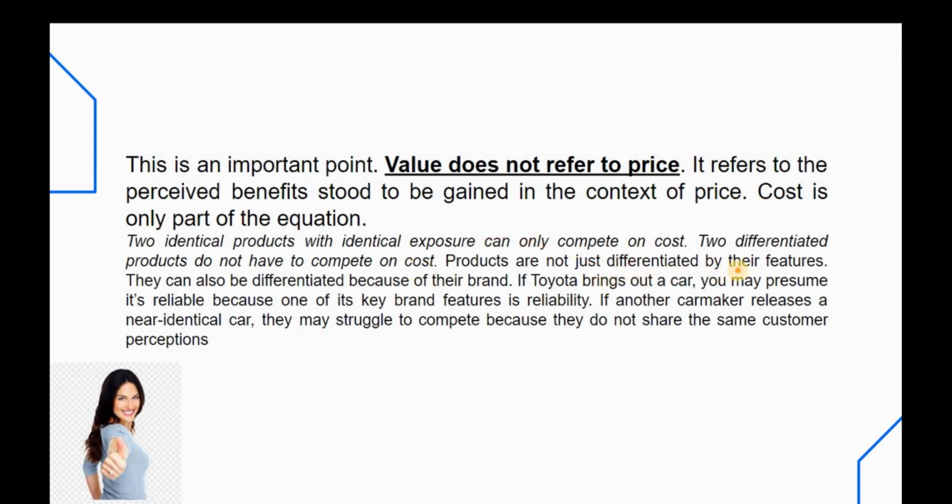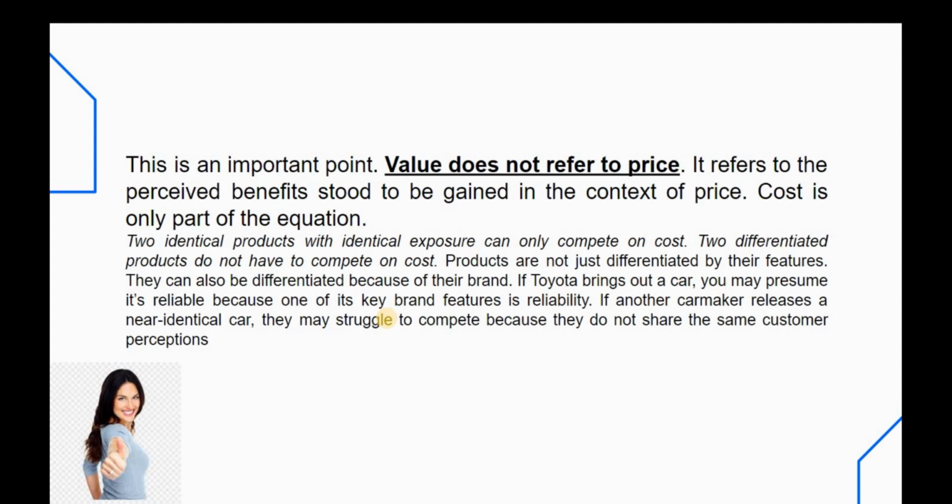Products are not just differentiated by their features. They can also be differentiated because of their brand. Let's say Toyota brings out a car and you may presume its reliability because of its brand. If another car maker releases a near identical car, or let's say a copy of Toyota in every shape and form, as reliable as a Toyota, that car maker will struggle to compete because they do not have the same customer perception.